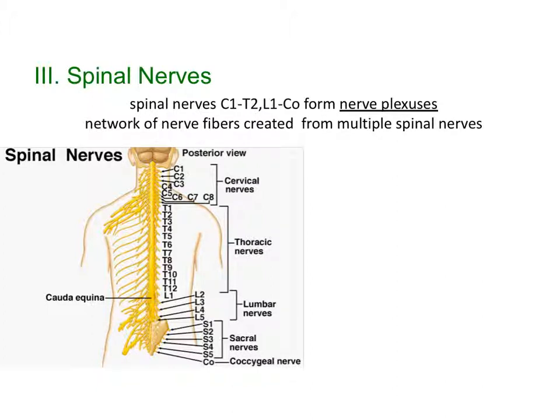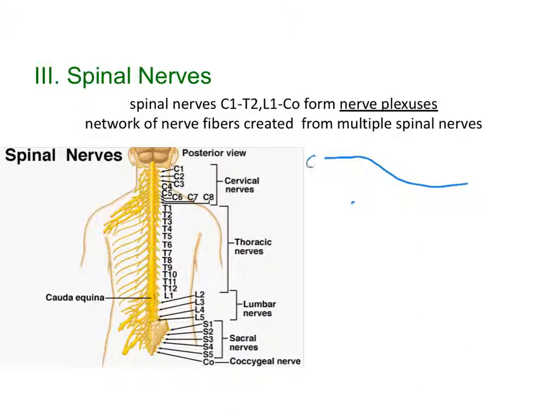So the spinal nerves that leave the spinal cord between C1 and T2, and then again from L1 through the coccygeal spinal nerve, form nerve plexuses. So a nerve plexus is one where you have a mixture of nerves crisscrossing each other.